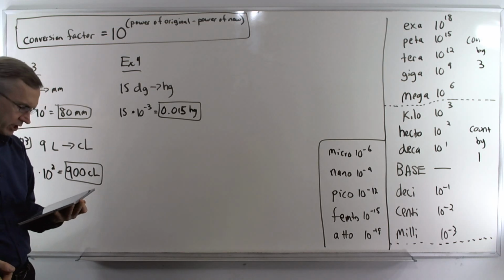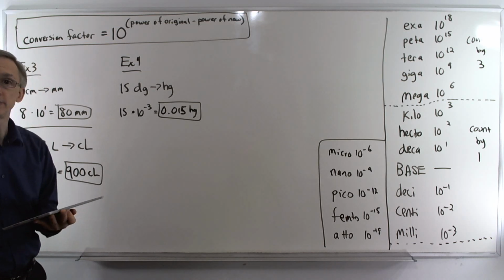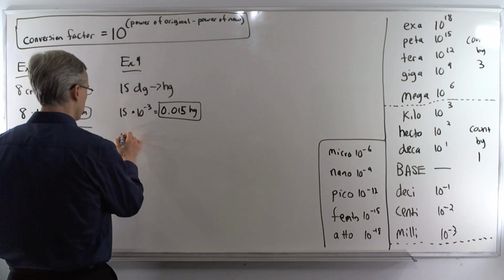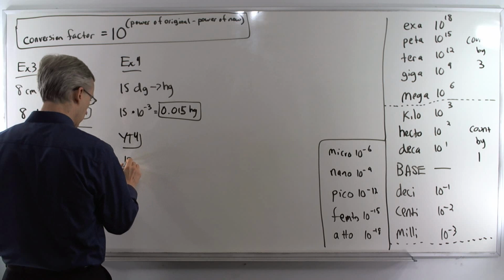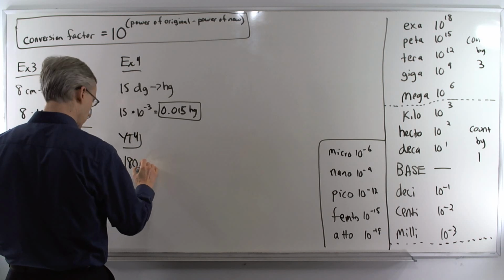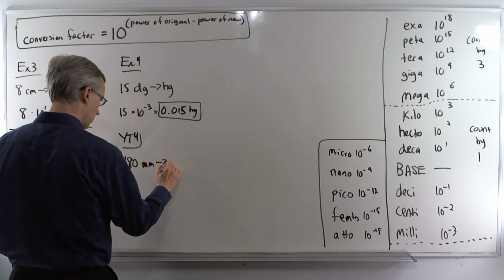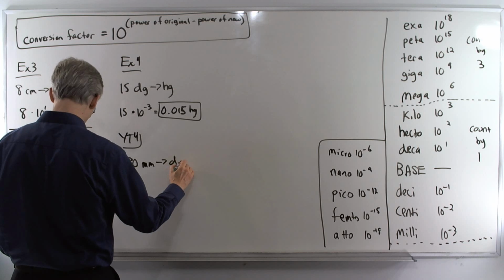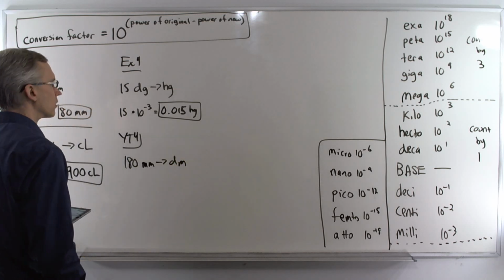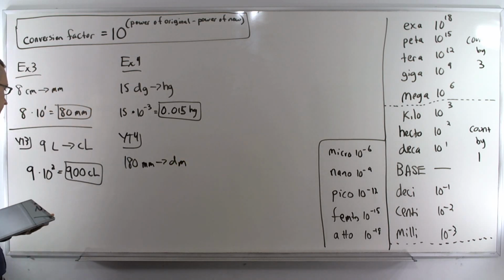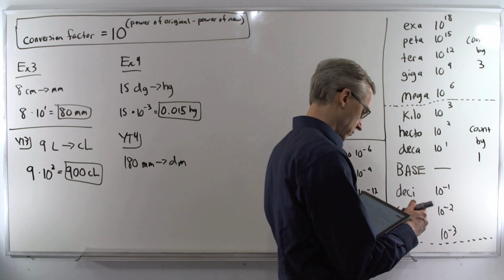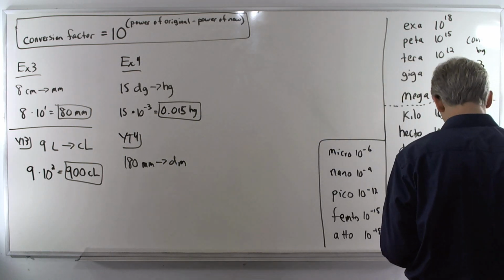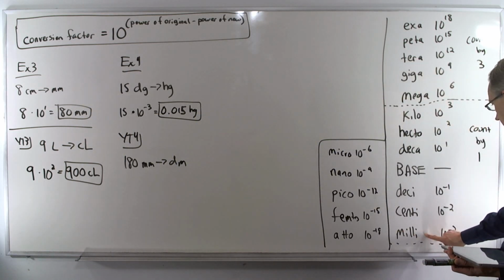Your turn, number 4: change 180 millimeters to decimeters. All right, millimeters is here, deci's here.